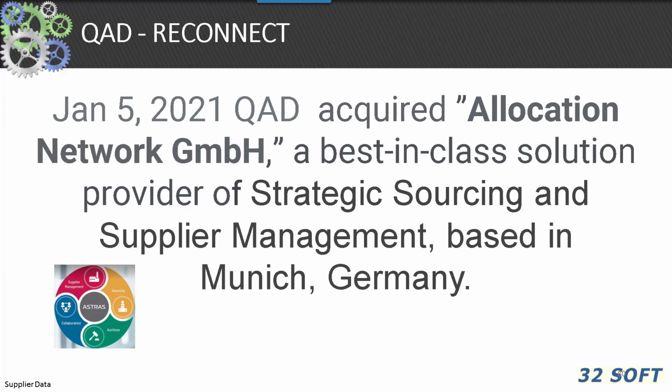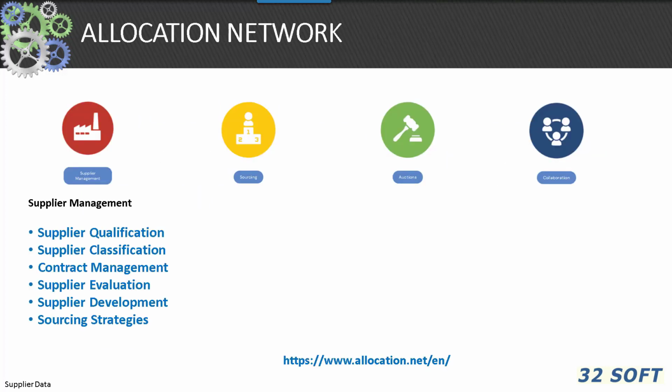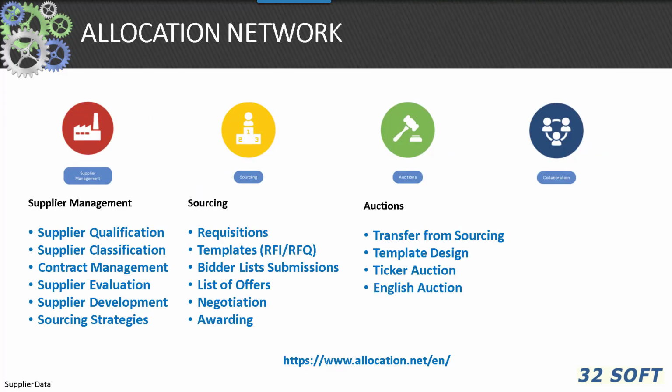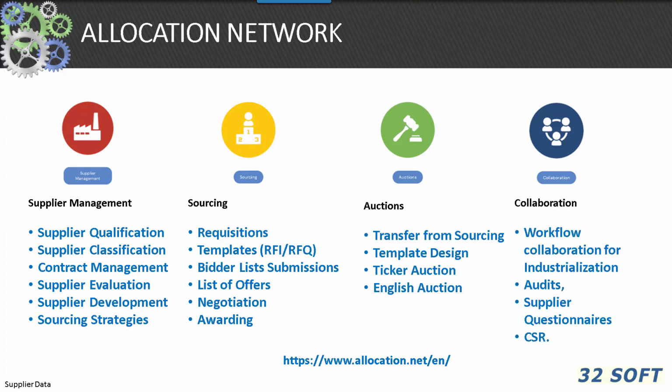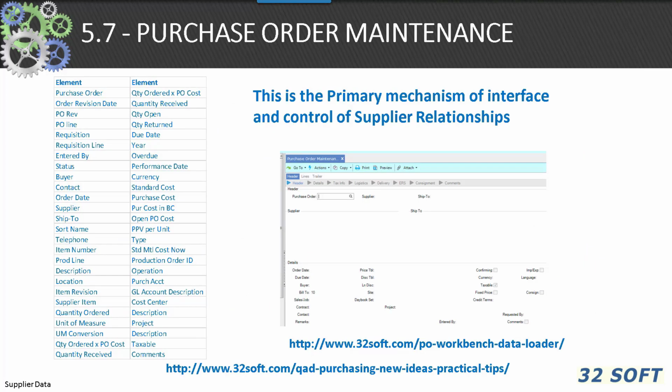This is a company in Germany that handles sourcing, supply management, auctions, and workflow. It's going to be interesting to see how Thoma Bravo proceeds with this new functionality, but it's highly recommended that you spend some time on the Allocation Network website.